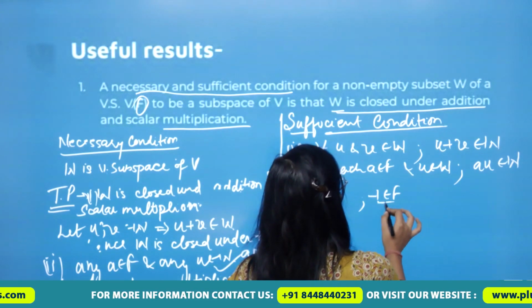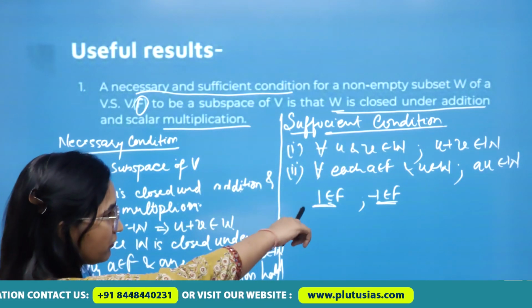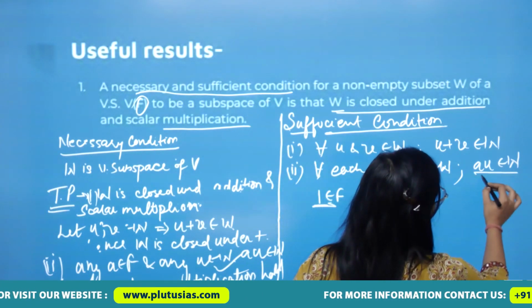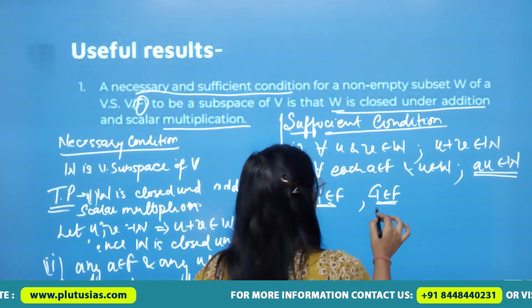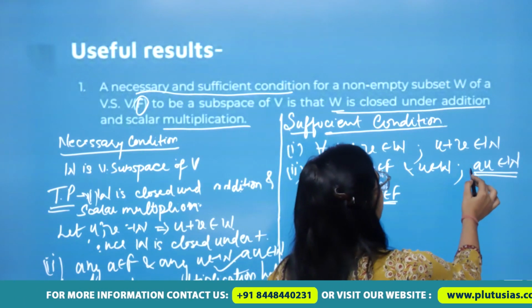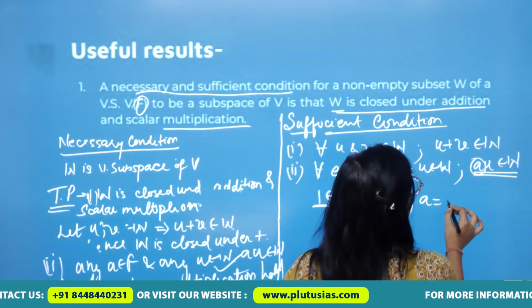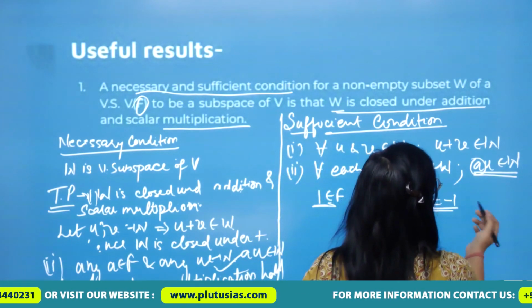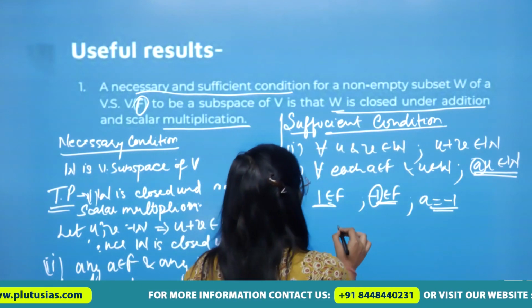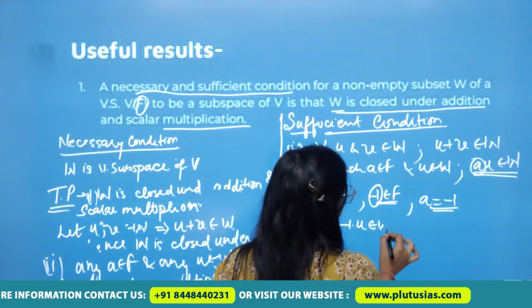Now we can use this. Where should we use this? We will use this in our second result. Minus 1 is an element of F and a is also an element of F. Then in particular we can take a equal to minus of 1, right? If we take a equal to minus 1, then minus 1 into u would belong to W. What is this?